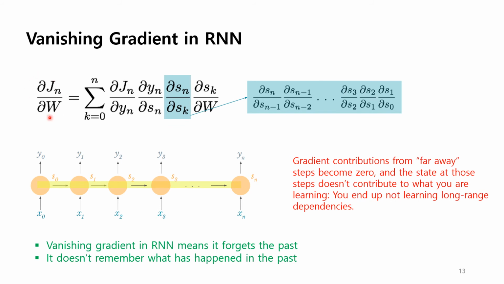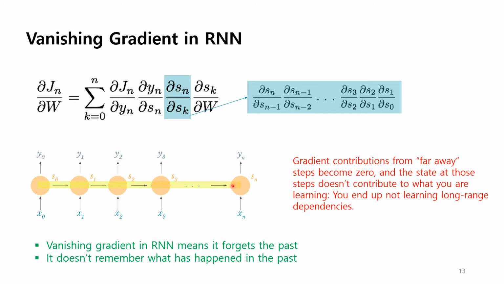That means in gradient descent, nothing happens. There is no update in the weight values. So that's the vanishing gradient problem. So actually what happens is, if you have many time steps, you look back many previous steps.